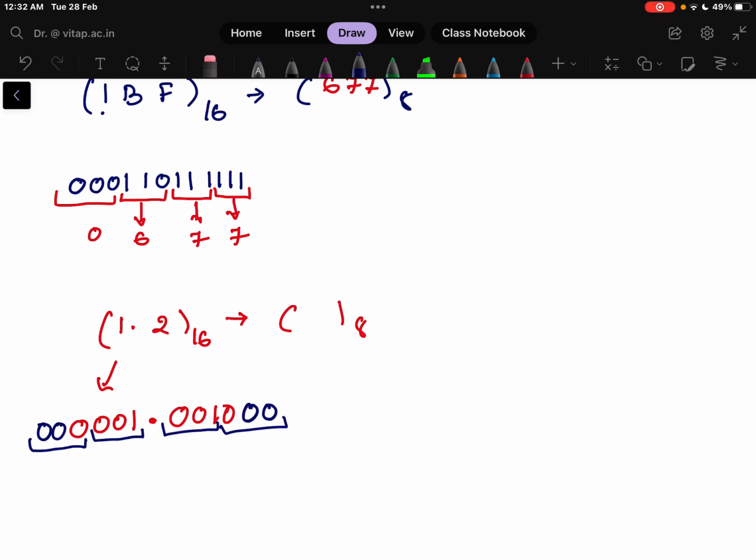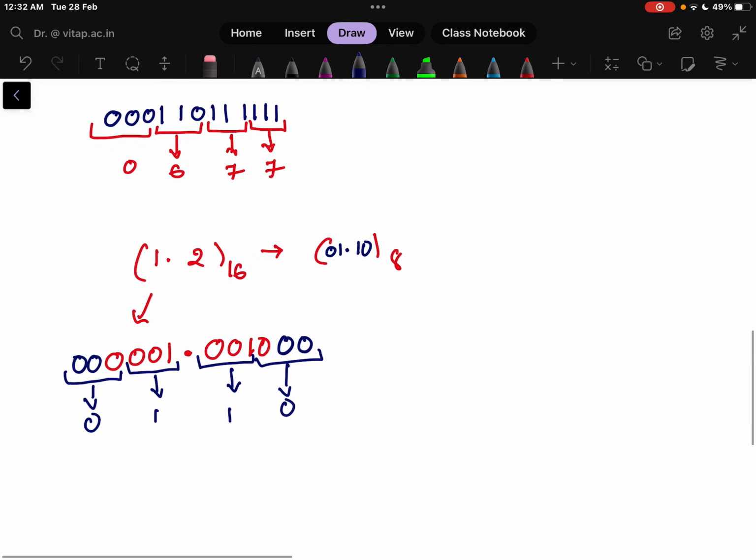You have to add 2 zeros here if the number of bits is not 3. Now this equivalent is 1, and this is 0, and 001 means 1, and this is 0. So here the answer will be 01.10. This is the octal equivalent of the hexadecimal number.